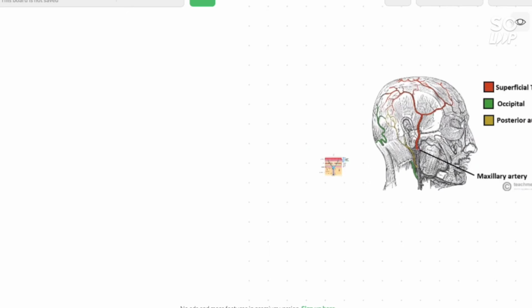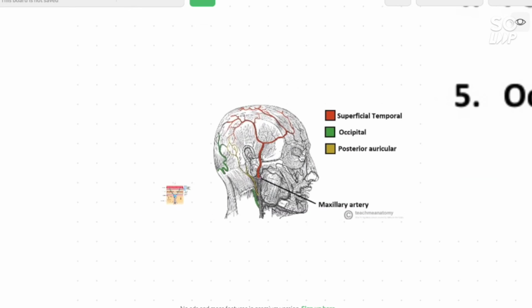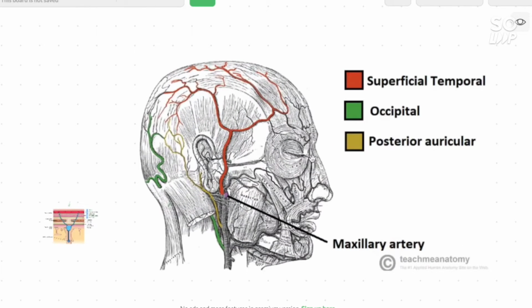This is another diagram I'll be using, thanks to the Teach Me Anatomy application, which gave me access to the right picture. In the arterial supply, remember that the scalp receives a rich arterial supply via your external carotid artery, which has three branches, and also the ophthalmic artery, which is not shown properly in this picture and is a branch of the internal carotid artery.